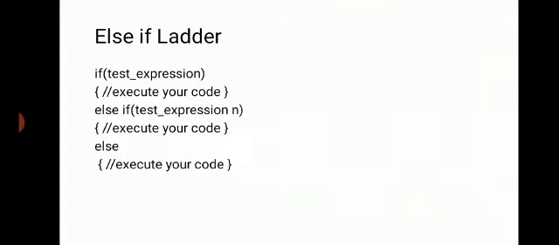The process will go on until an expression is evaluated as true. Otherwise the control will flow out of the else if ladder, and in any case, if we want, we can print a default statement. This is what happens in the else if ladder.